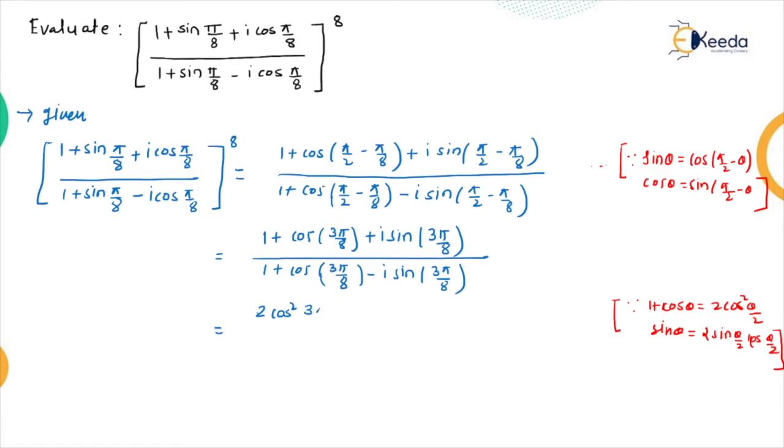This is 3 pi divided by 16 plus i into sin 3 pi by 8, which can be written as 2i sin 3 pi by 16 into cos 3 pi by 16, guys.